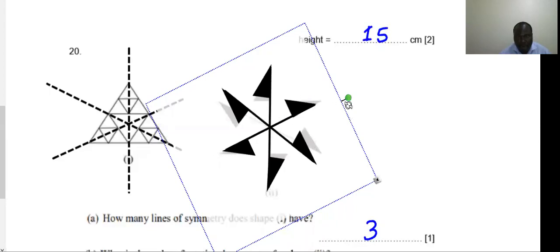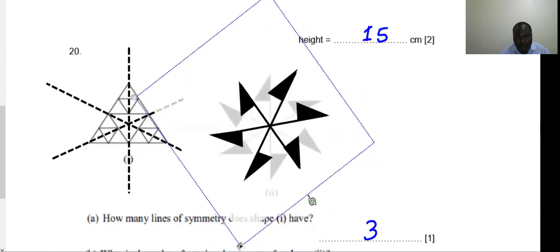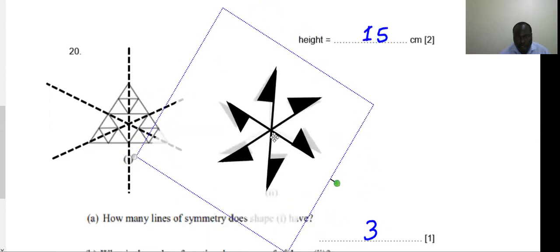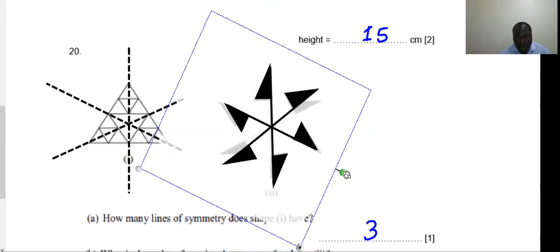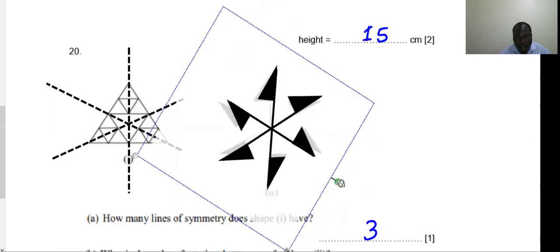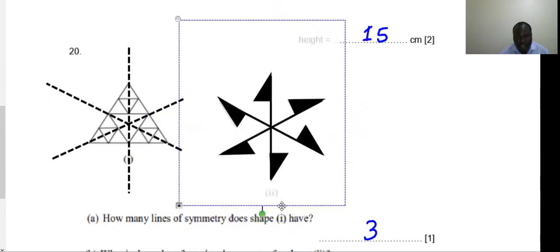So I count 1, I go here, I'll count 2. These triangles have to match. You see that? This is 1, 2, 3. That is exactly fitting.